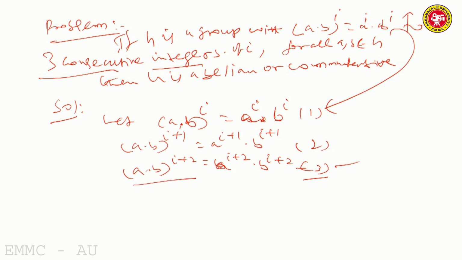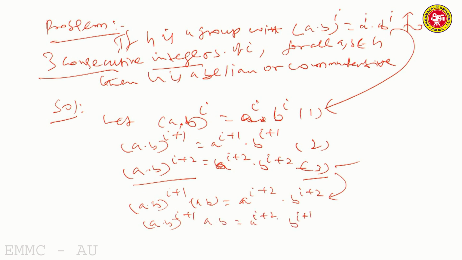We have to bifurcate this into (a·b)^(i+1)·ab, which is equal to a^(i+2)·b^(i+2) as given here. Now we take (ab)^(i+1)·ab = a^(i+2)·b^(i+1)·b.